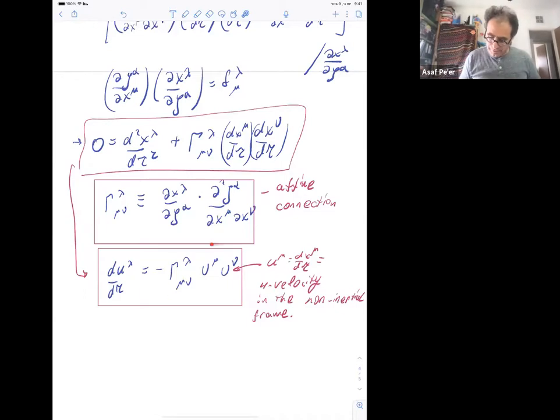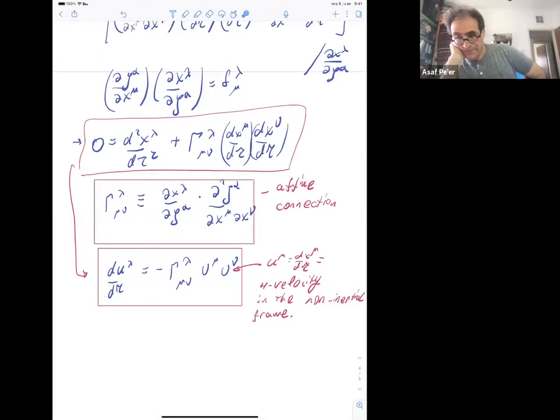What is that? du over d tau. This is an acceleration. This is the change of the velocity with the proper time. So if this is the change of the velocity, then this is the acceleration. So this affine connection multiplied by the components of the velocity really gives me the acceleration, as would be seen again by an arbitrary observer, which is not necessarily in an inertial frame.